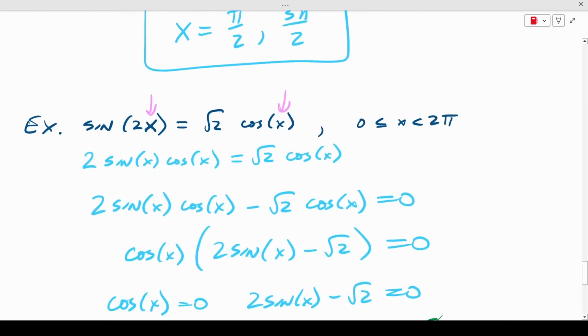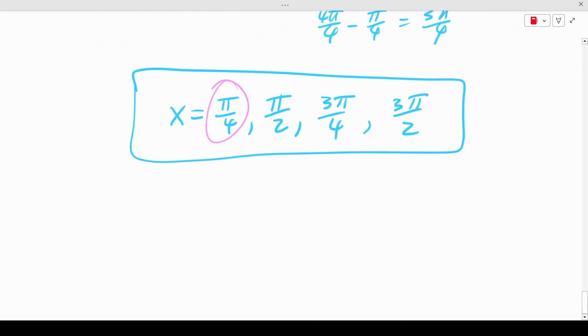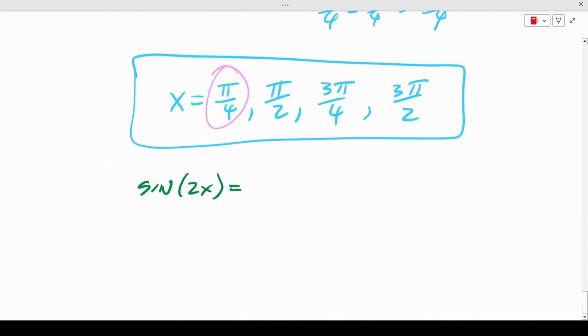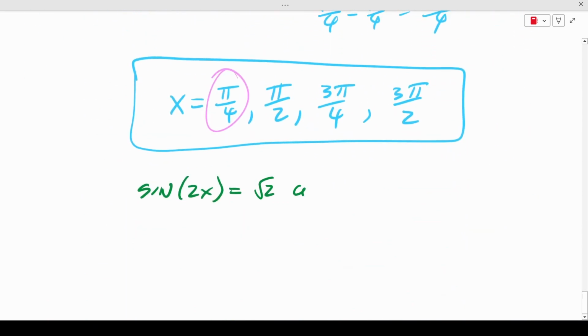So why don't I do it with pi over 4. Sine of 2x equals root 2 cos of x. I want to see, is this true? This is my check. And let's see here. So I'm going to use x equals pi over 4.